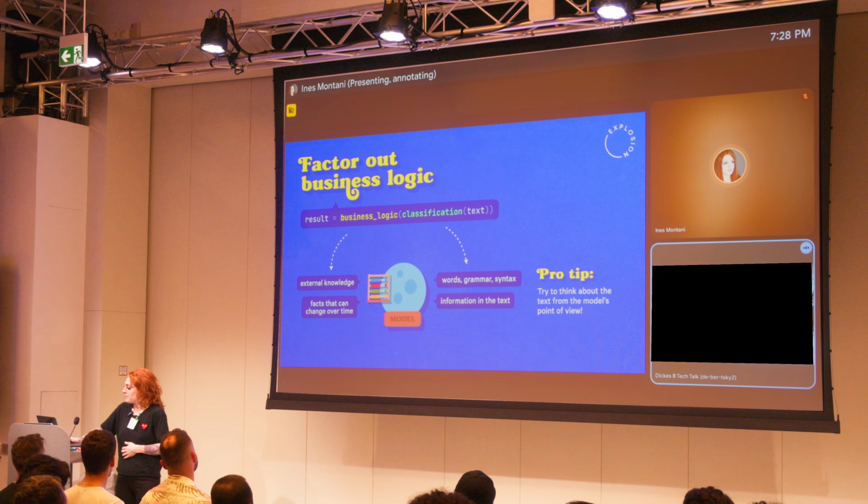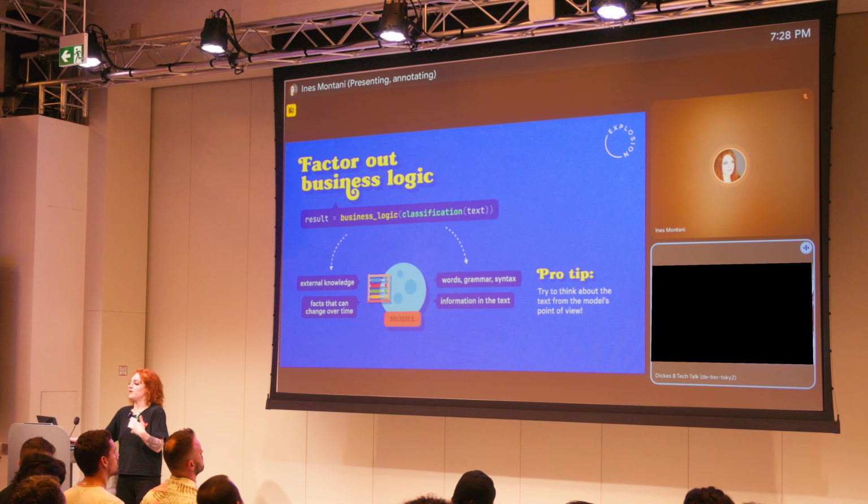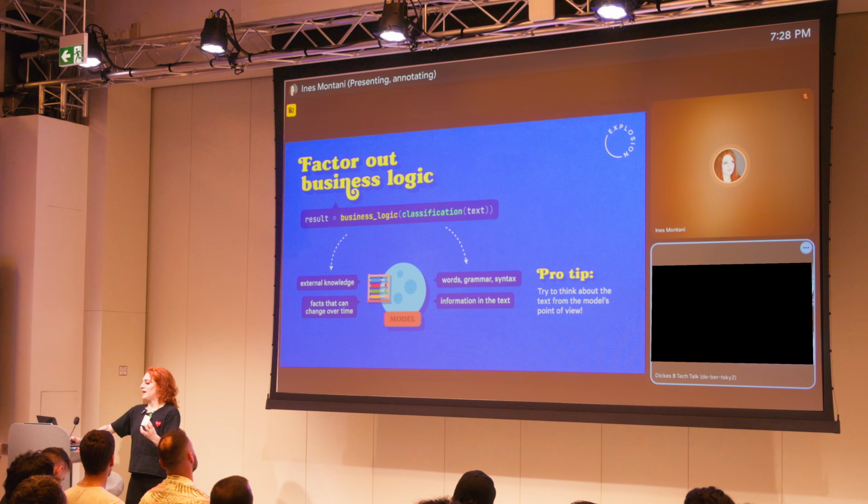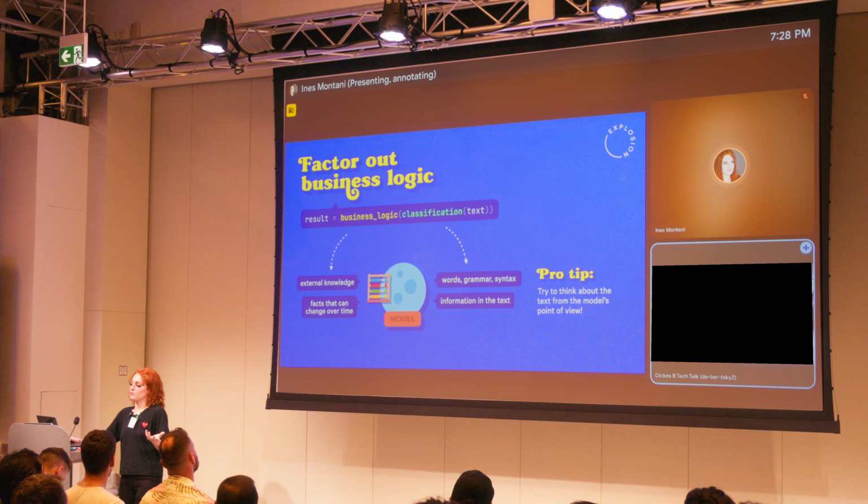And one tip we often give people is, if you're unsure, try to think of it from the model's point of view. You're only given that text and no further information. Are you able to make that decision based on the information that's in the text, or do you need any external knowledge or any knowledge about the business problem? Then refactor your task that way.